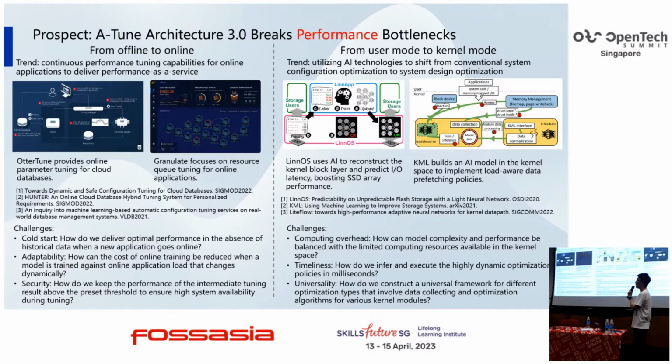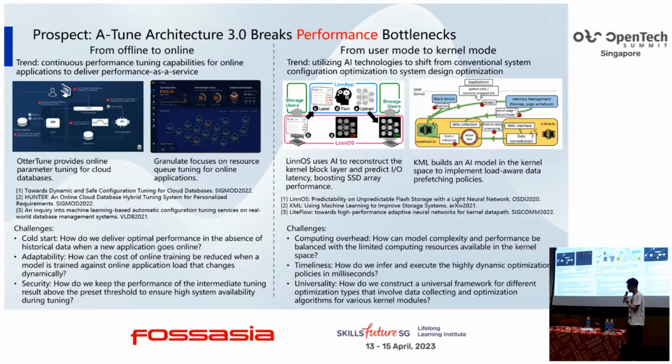There are also several systems. For example, AliTune provides online parameter tuning for cloud databases, and Gradient focuses on resource queue tuning for online applications. However, there are also 3 challenges.